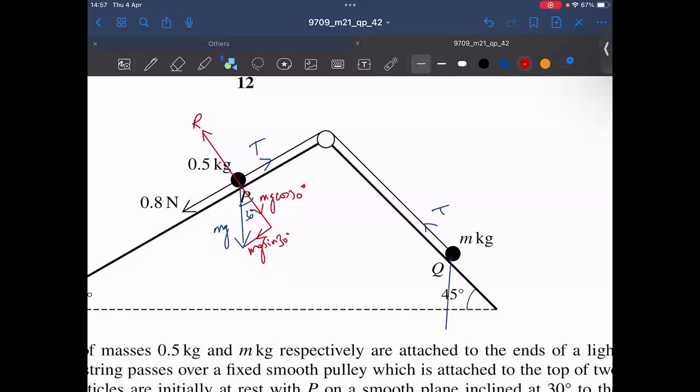All right, and let me resolve this force of gravity into two components: perpendicular to the plane and parallel to the plane. This is 45 degrees.